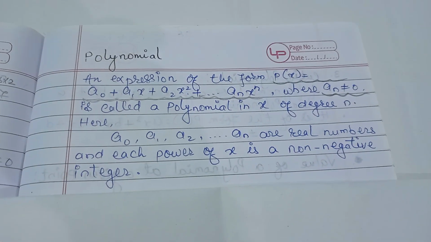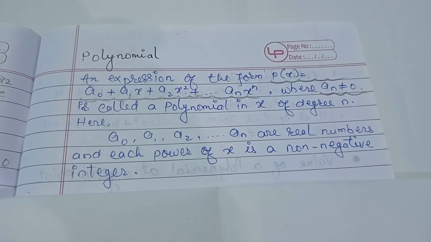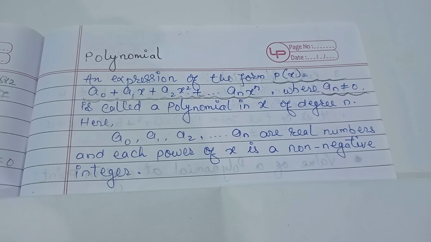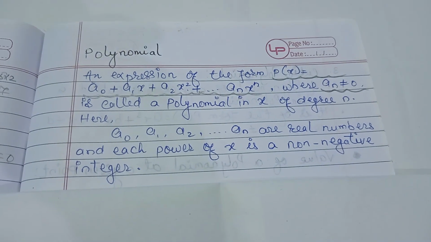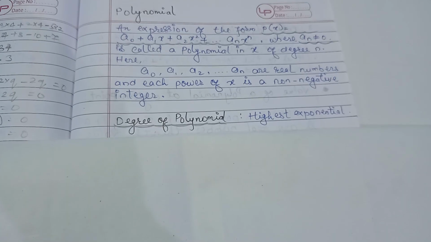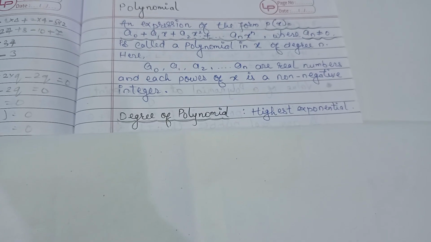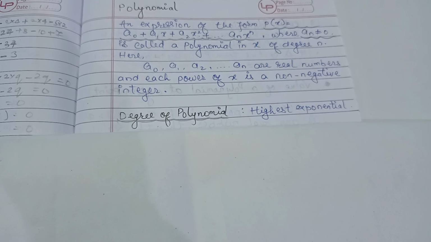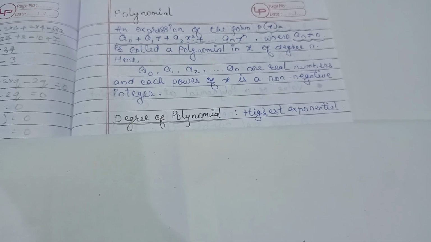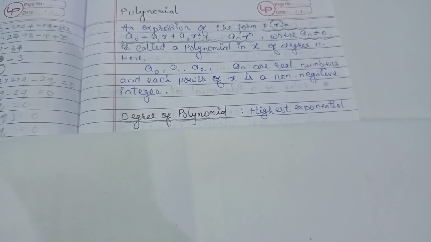Here a0, a1, a2 and so on up to an are real numbers, and each power of x is a non-negative integer. The degree of a polynomial simply means the highest exponent.